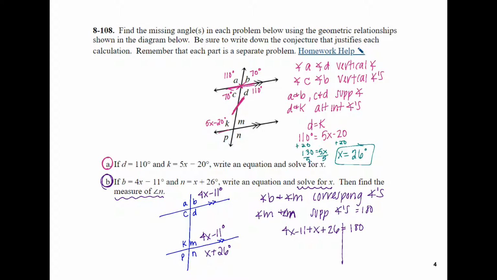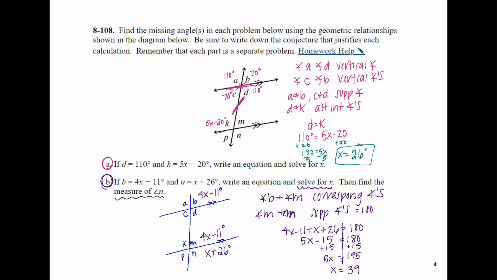I then can combine my like terms and solve for x. The inverse of subtracting 15 is adding 15. So I get 5x is equal to 195. And when I take 195 and I divide by 5, I get x is equal to 39.